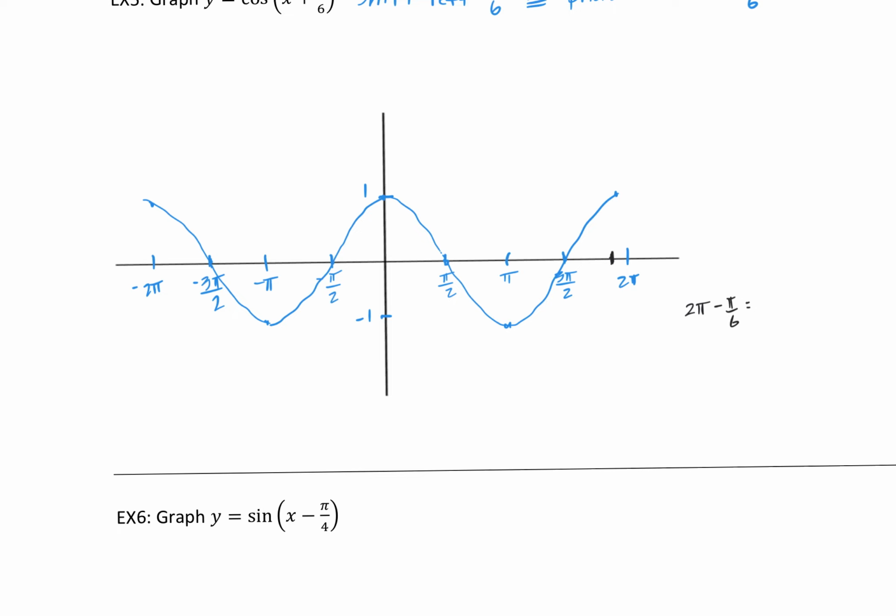I have to change this to 12 pi over 6 so I have a common denominator. That means I'm going to be at 11 pi over 6. And you could look at the unit circle as well. So this value is what I really want to label. That would be 11 pi over 6. This is now going to be my value 1. It shifted over pi over 6. So this whole graph is going to do a shift left of pi over 6.